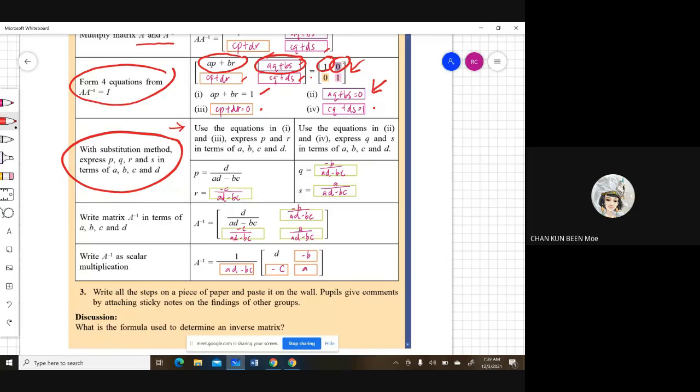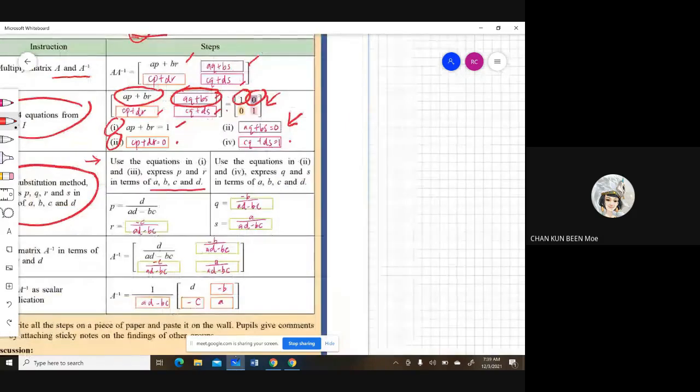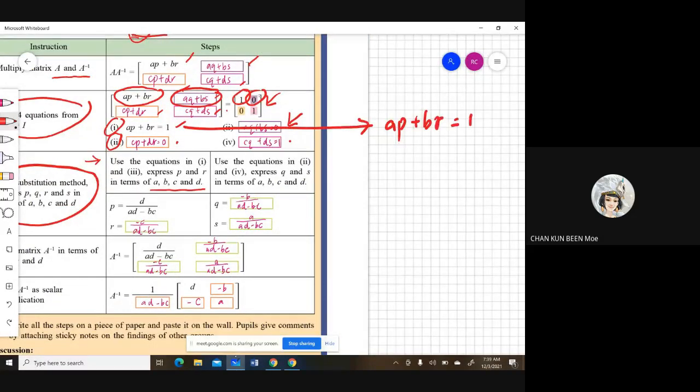Use the equation in 1 and 3, these two. Express P and R in terms of A, B, C, D. So hopefully you still remember if with the substitution method, for example, the one here, AP plus BR equal to 1, this will be the first equation. And then this one, CP plus DR equal to 0.